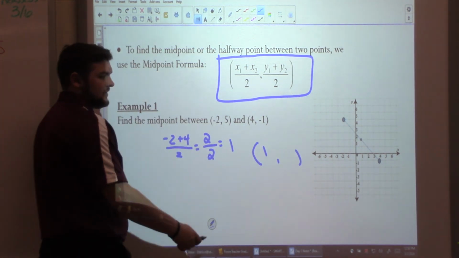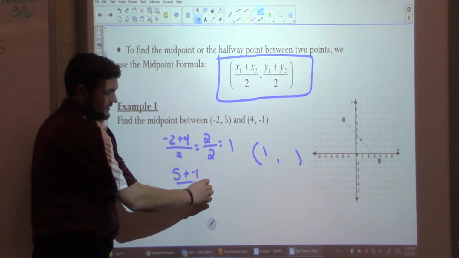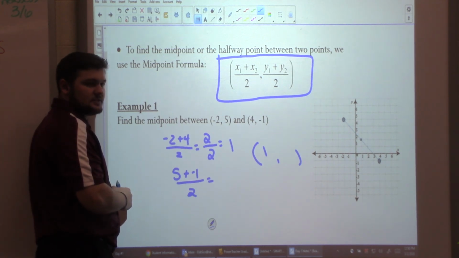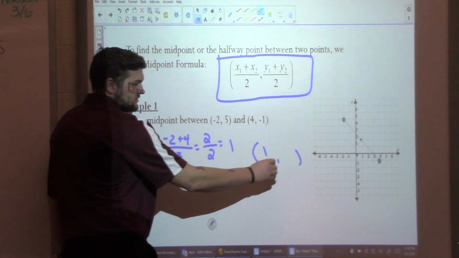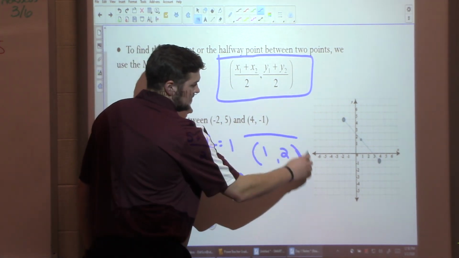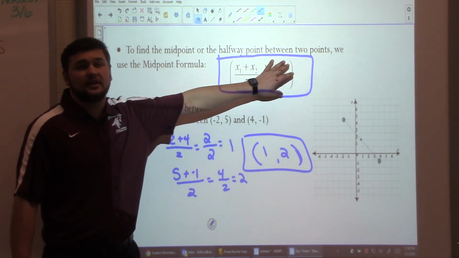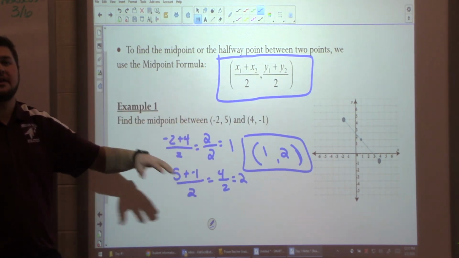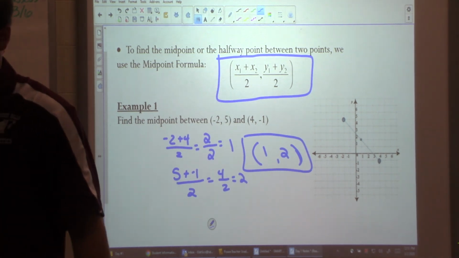I've got to find my y value yet. 5 plus -1 over 2. Well, 5 plus -1 is 4, over 2 is 2. So 1 comma 2 would be my midpoint. I don't like doing it as one whole thing like it is in the formula. I like breaking it down into x, breaking it down into y. That way I don't have to worry about mixing them up. Does that make sense? Alright.